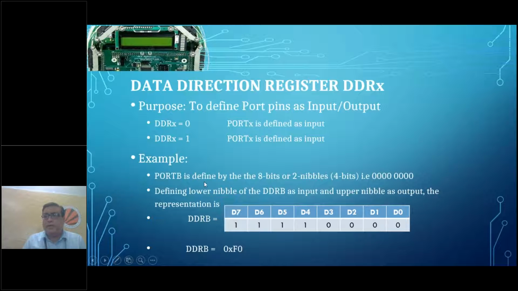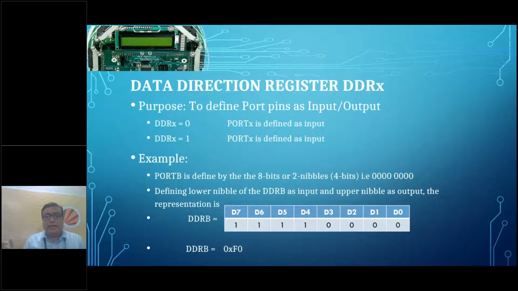The port is defined by 8 bits, or 2 nibbles. I think all of you are aware that 8 bits are a combination of 2 nibbles. A nibble means 4 bits. So we are working on the nibbles here: the first nibble and the second nibble. We can define the lower nibble of DDRB as input and the upper nibble of DDRB as output.